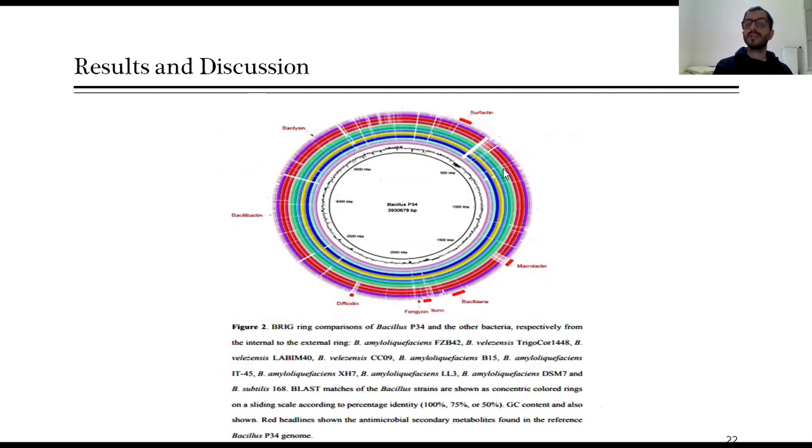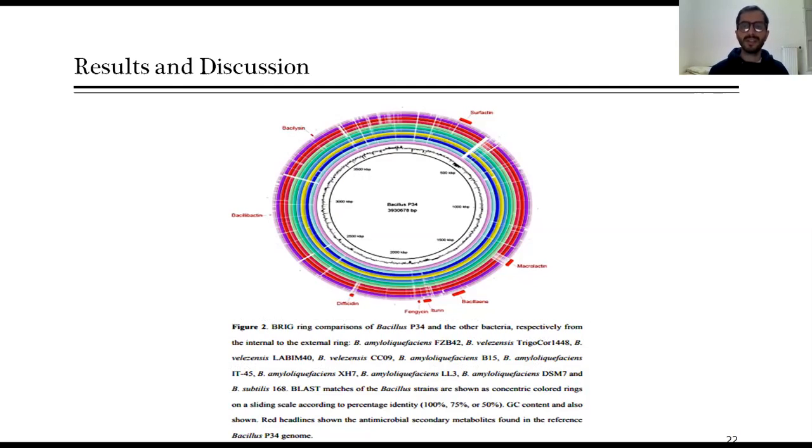Here I reported this figure where the different whole genomes were clustered together to identify the similarity. The order of the species is from the most similar in the internal part of these rings to the external one that was the least similar. This is the most dissimilar species considering the whole genome.